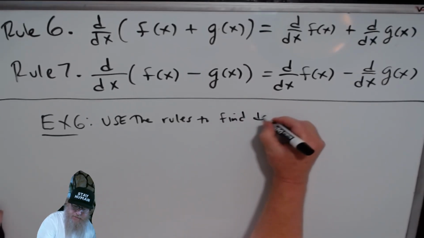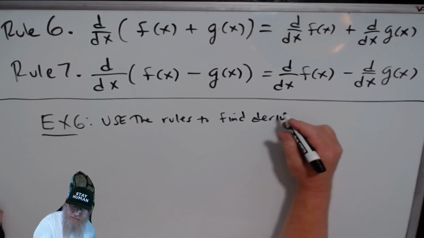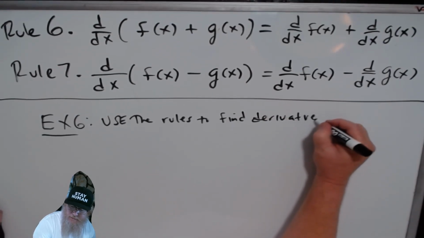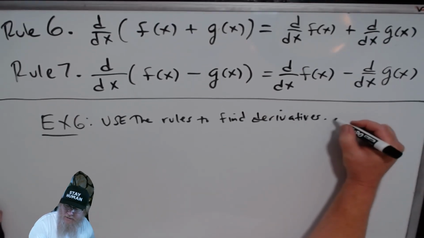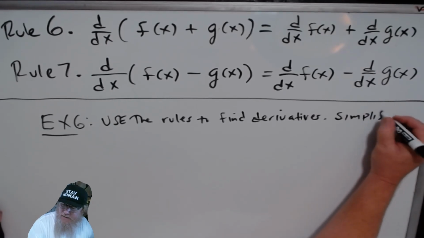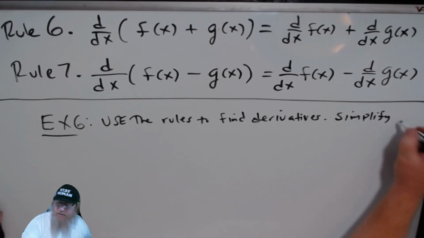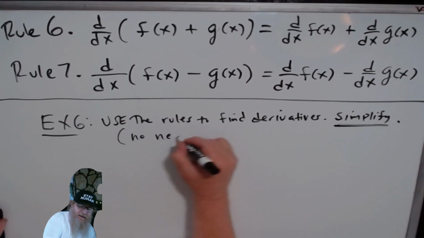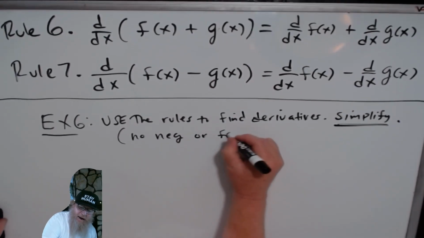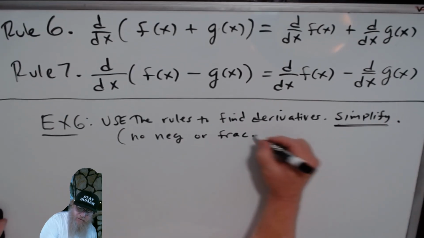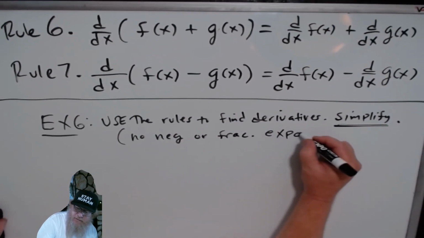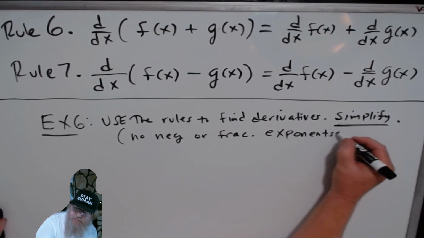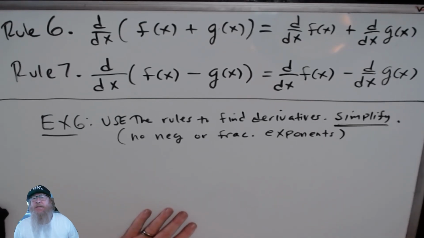Find the derivatives. Simplify. And I'm just going to say simplify. In other words, no negative or fractional exponents. That's what we mean when we say simplify.